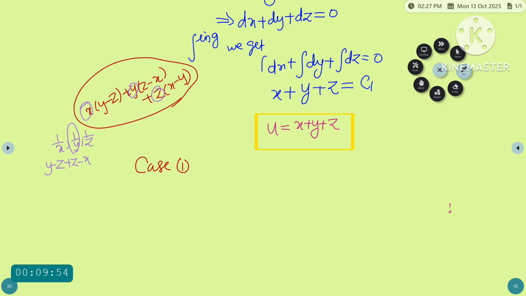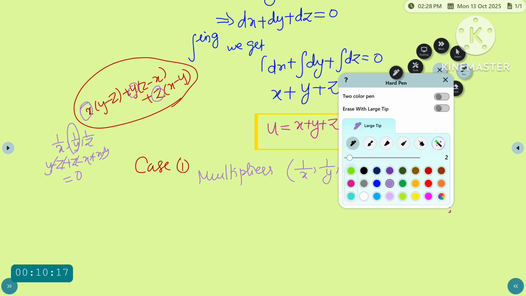Similarly the third term will be x minus y. So all the coefficients get cancelled and the denominator vanishes. So in case 2, the multipliers are 1 by x, 1 by y, 1 by z, so that the denominator vanishes. This is our second set of multipliers.